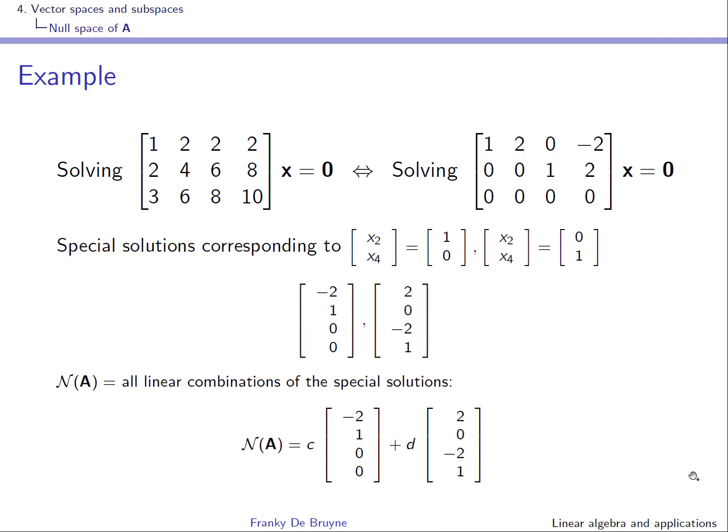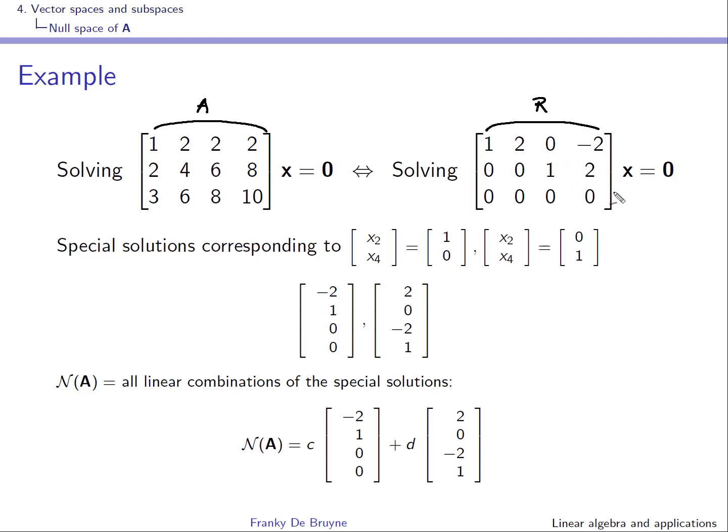So remember, we were looking for the null space of this matrix A, so we were solving Ax equal to 0. And we have done lots of row operations, and we arrived at this other system of equations with, we'll call this matrix R here, Rx equal to 0.